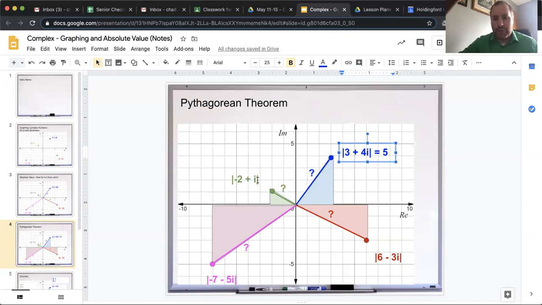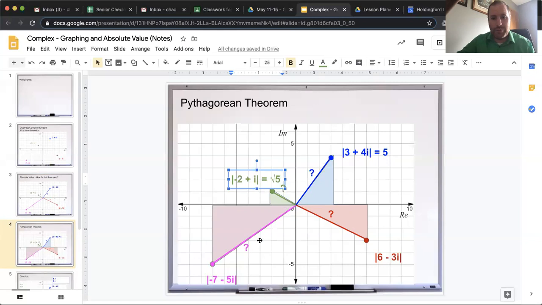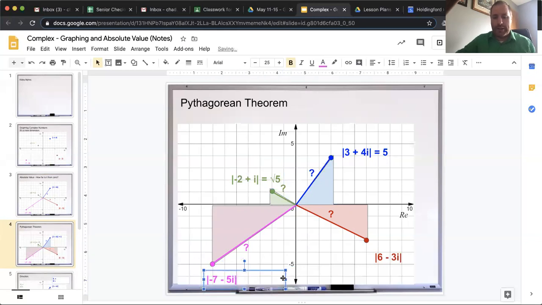If we go around and do each one of these, we take 2 times 2 plus 1 times 1, and then take the square root. So for example, this one would be the square root of 5, because that's 4 plus 1, and so on, right? We can figure out all the rest of these here.